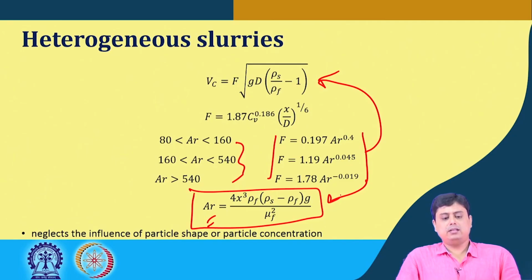So, this is the essence of calculating this critical deposition velocity in heterogeneous slurry. And similarly, there are several pressure drop correlations available.